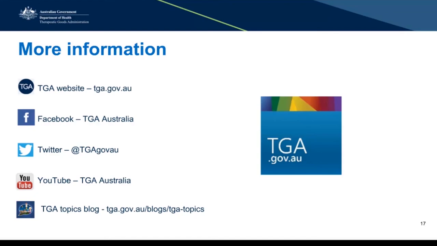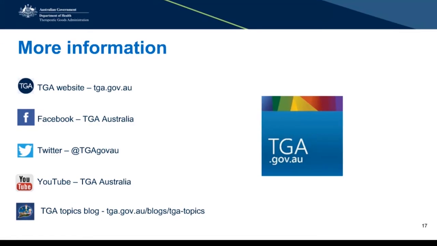I suppose the difficulty there is that you might have a new generic product and the innovator product may not have adopted the template yet, but it's important to appreciate and understand that the contents of a CMI and the PI are still copyrighted material.